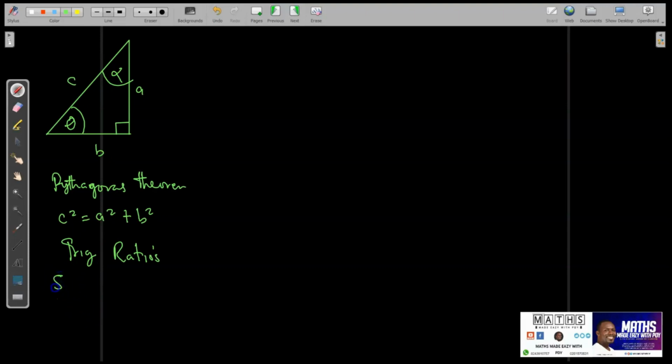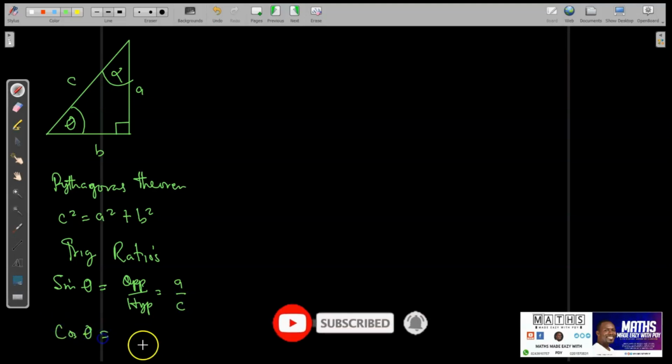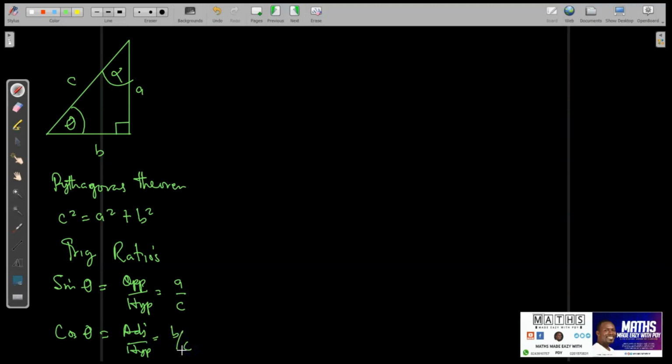Therefore, if I want to find sine of theta, it's opposite over hypotenuse, so it is going to be A over C. Then cos of theta is adjacent over hypotenuse, which is B on C. And tan of theta is the opposite over the adjacent, which is A on B.